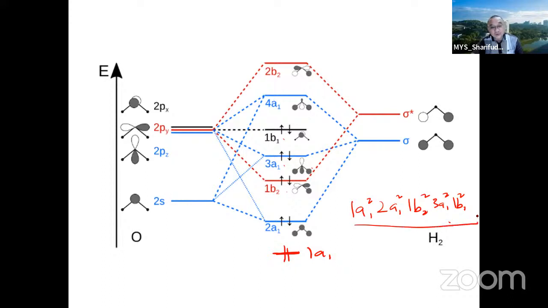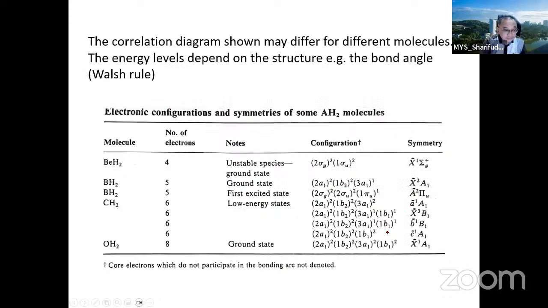So this is the electronic configuration of the H2O molecule in the ground state. Number of electrons 8, but actually there's another 2. So you have 2A1, 1B2, 3A1, 1B1, all filled states.